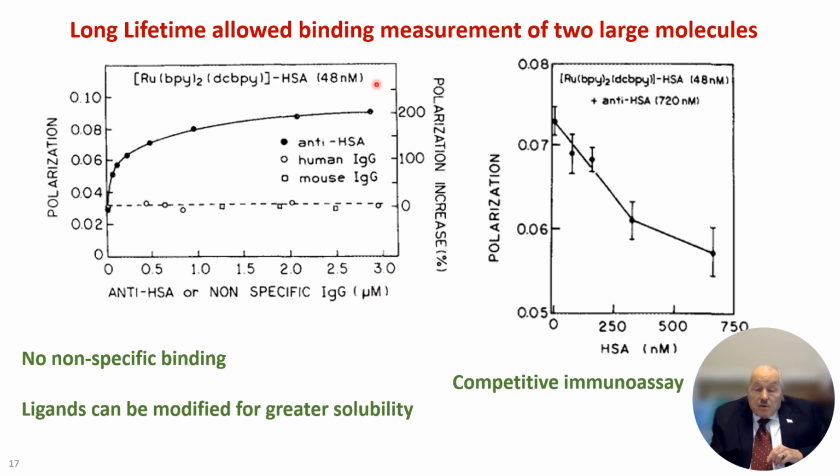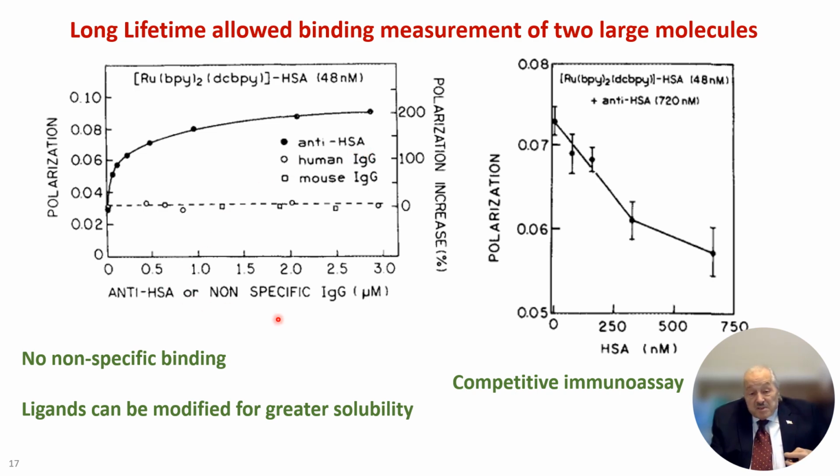In terms of binding between two large molecules, we brought this up many times, the binding of anti-HSA to human serum albumin itself. And as you can see, as we put in the anti-serum to the HSA, we get a large change in polarization.